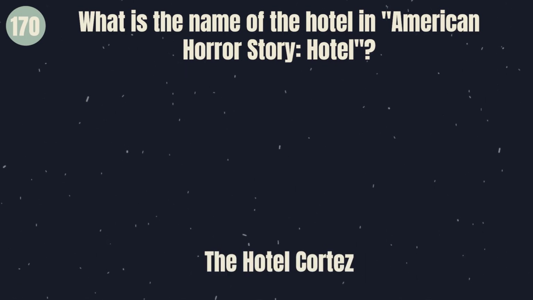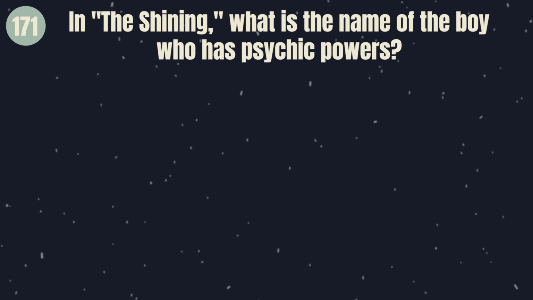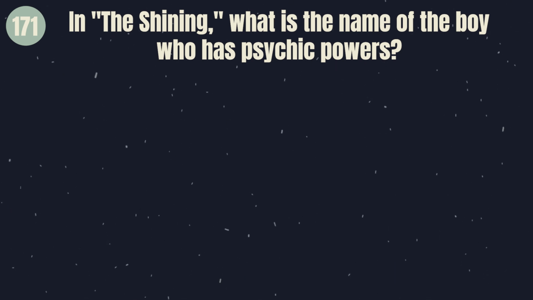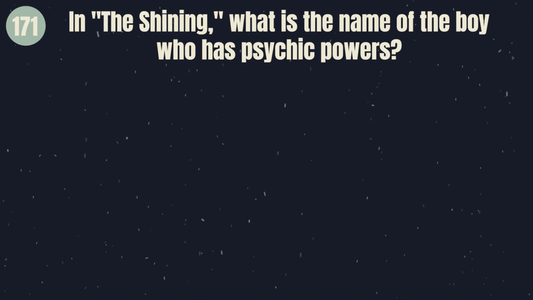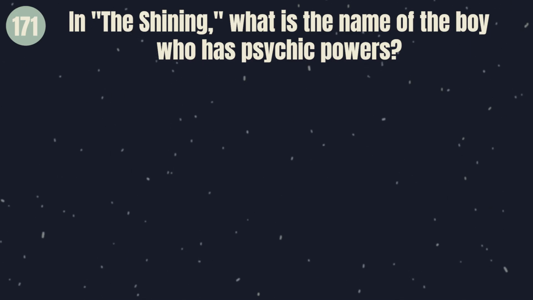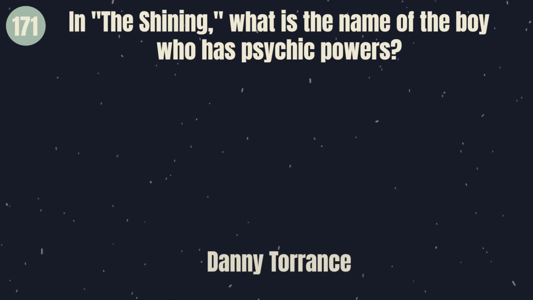The Hotel Cortez. In The Shining, what is the name of the boy who has psychic powers? Danny Torrance.